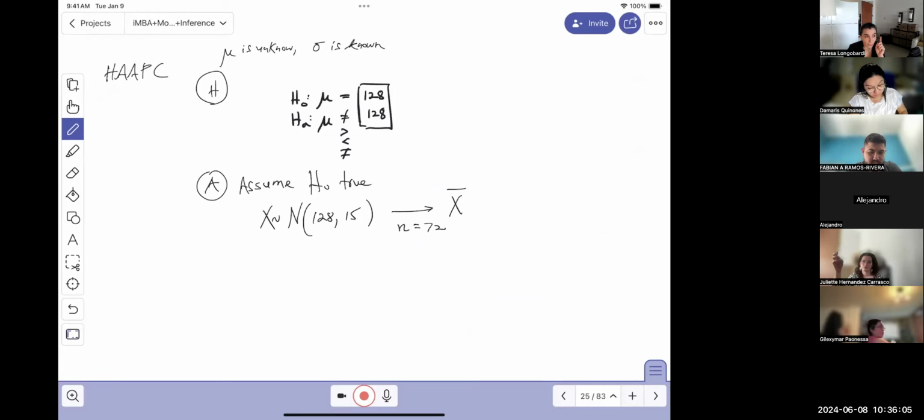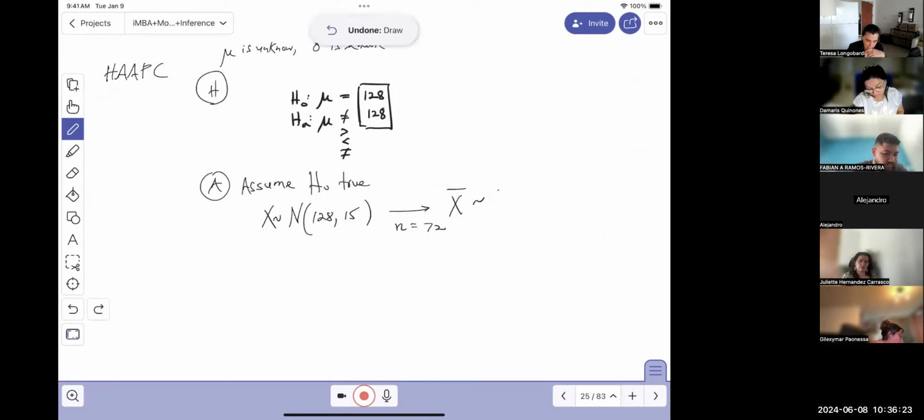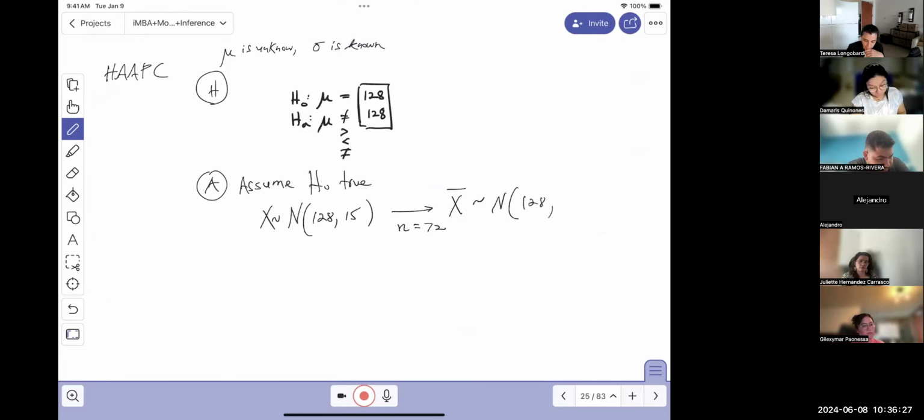So we're going to calculate one sample mean from one sample, but it comes from a distribution of samples that are, notice it was normal to begin with, right? So it's from a distribution of samples that are also normal, with the same mean, but a standard deviation that's smaller, sigma over root n.